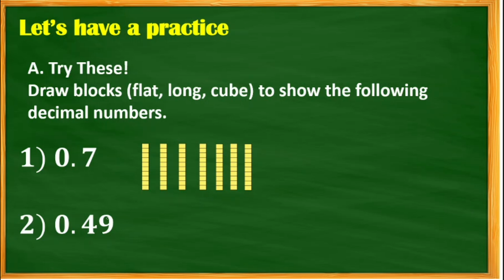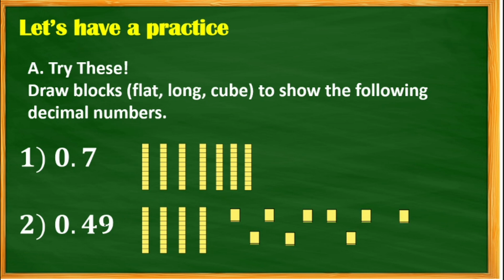Second, for number 2, we have 4 longs, 1, 2, 3, 4, and then 9 cubes. So we have 1, 2, 3, 4, 5, 6, 7, 8, 9. So that would be the visual representation of 49 hundredths. I hope you got the correct answer, grade 4 pupils.